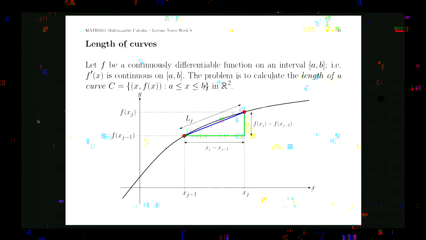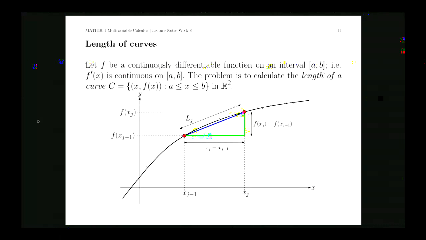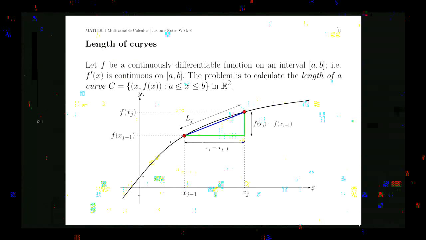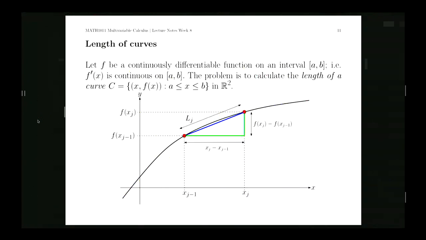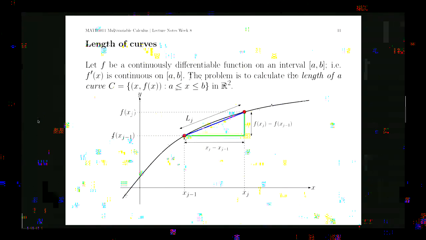How would you answer this problem? Let's say I've got some function, y equals f of x, and I want its length. I'm not interested in its area or anything, I just want its length. The first thing you might think is that this probably has nothing to do with integration. Integration's area, not length, but it does.